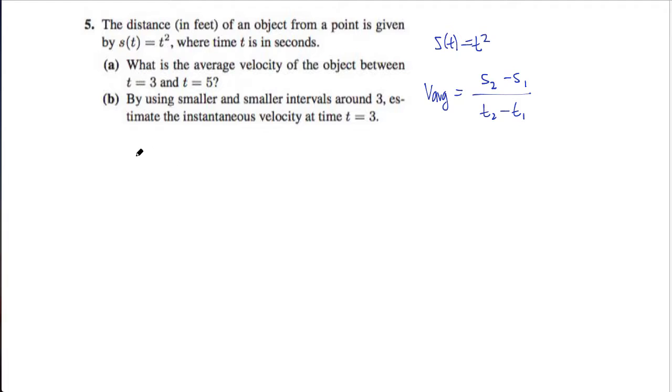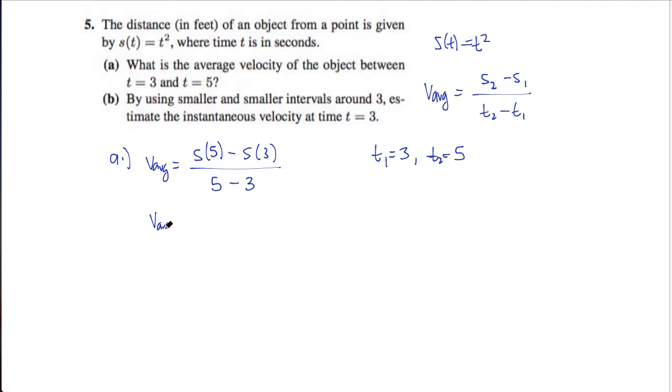So for part A, I will need to find the average velocity by taking S of 5 minus S of 3 over 5 minus 3. That's because T1 will be my first time, which is 3 seconds, and T2 will be my second time, which is 5 seconds.